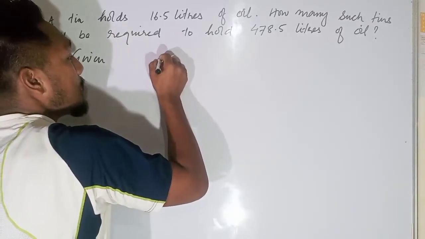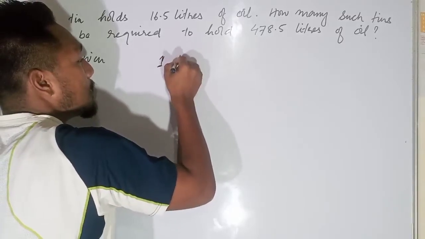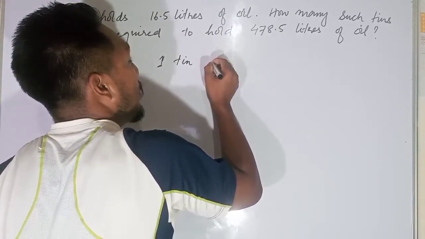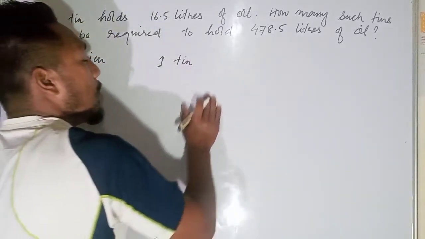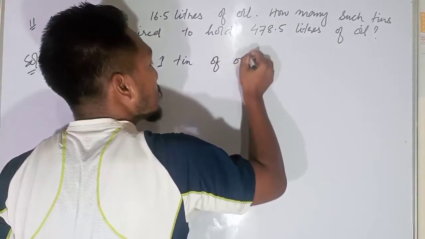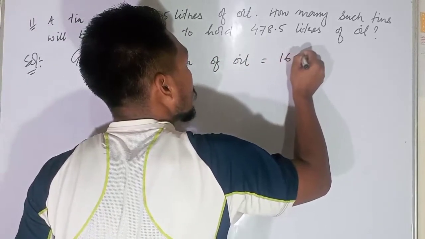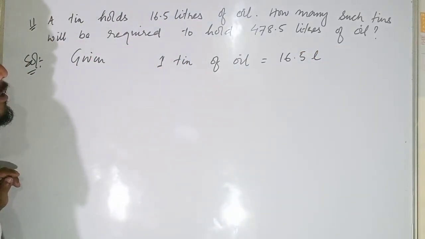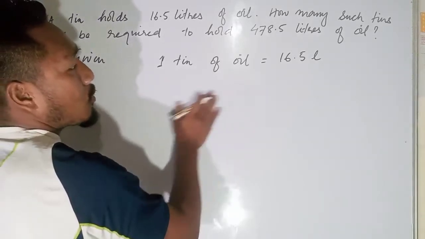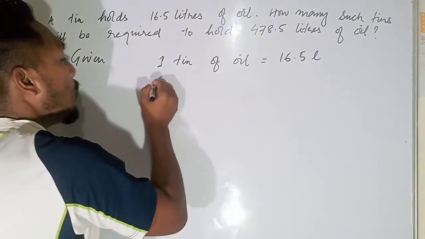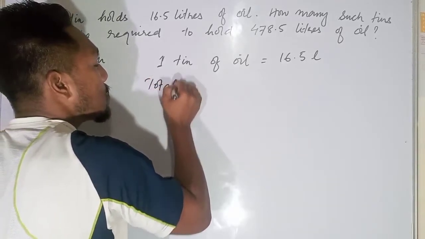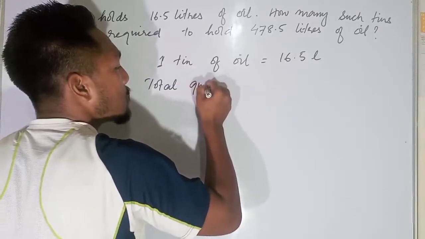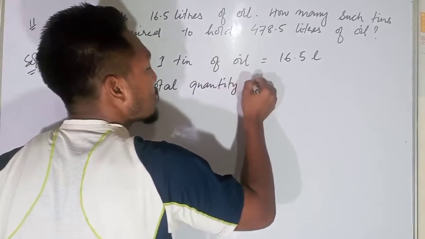One tin of oil is equal to how much? One tin of oil is equal to 16.5 liters. Now total quantity of oil is equal to what?